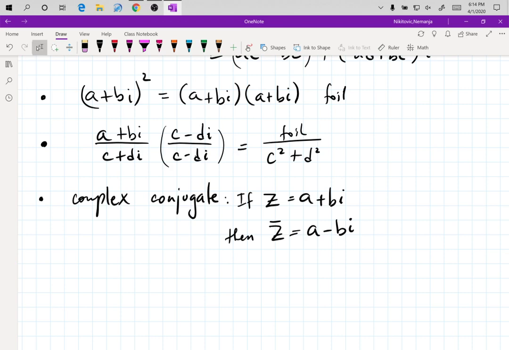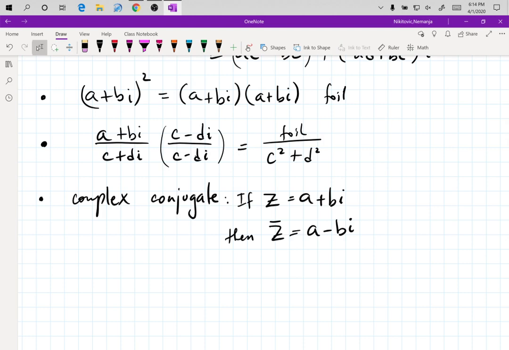And the question on the test, what can we have? We can have a value where you add them, divide them, multiply, square, and asking about the complex conjugate. Very, very simple stuff.